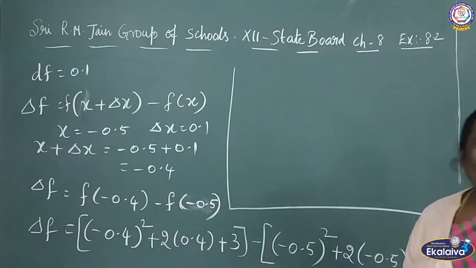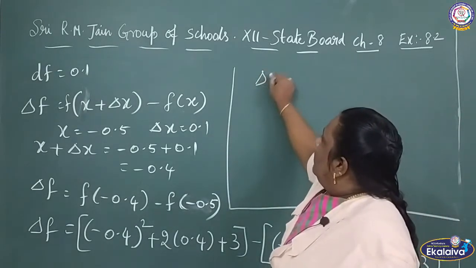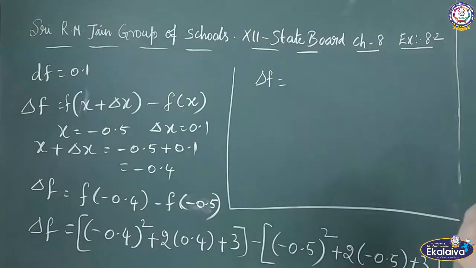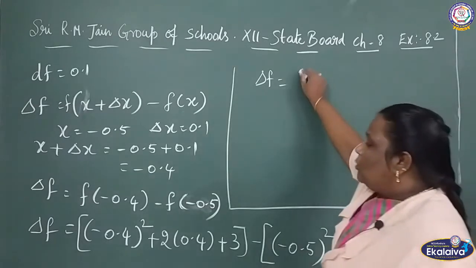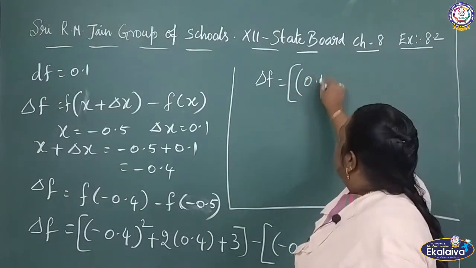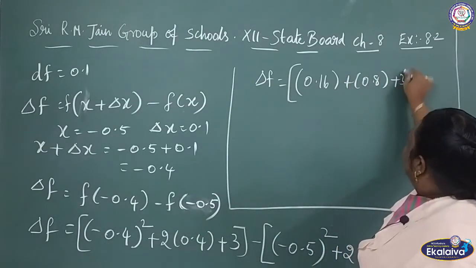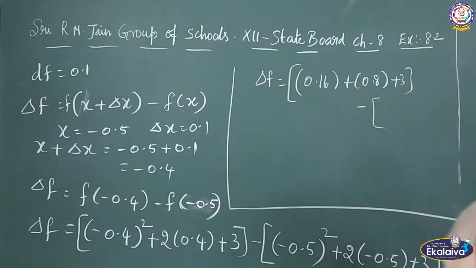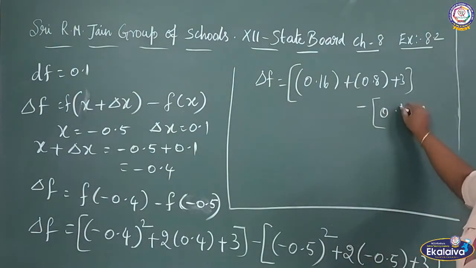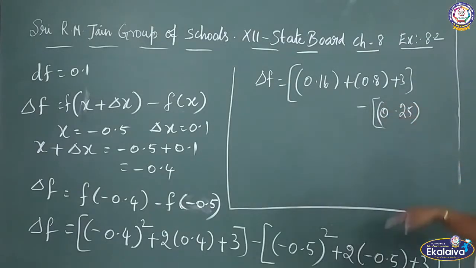See here, delta f equal to 0.4 the whole square, which is nothing but 0.16, plus 0.8 plus 3, minus 0.25 plus 2 into minus 0.5, it gives minus 1.0, plus 3.